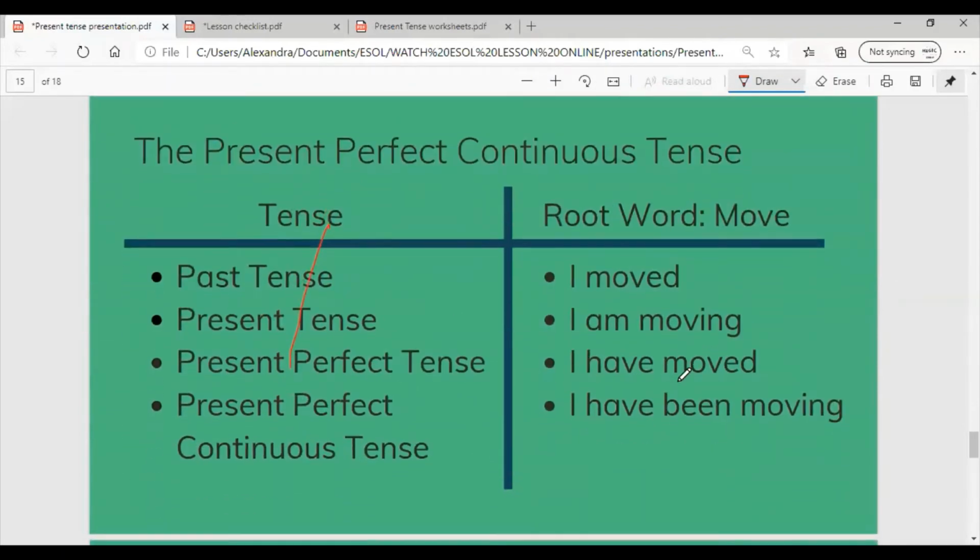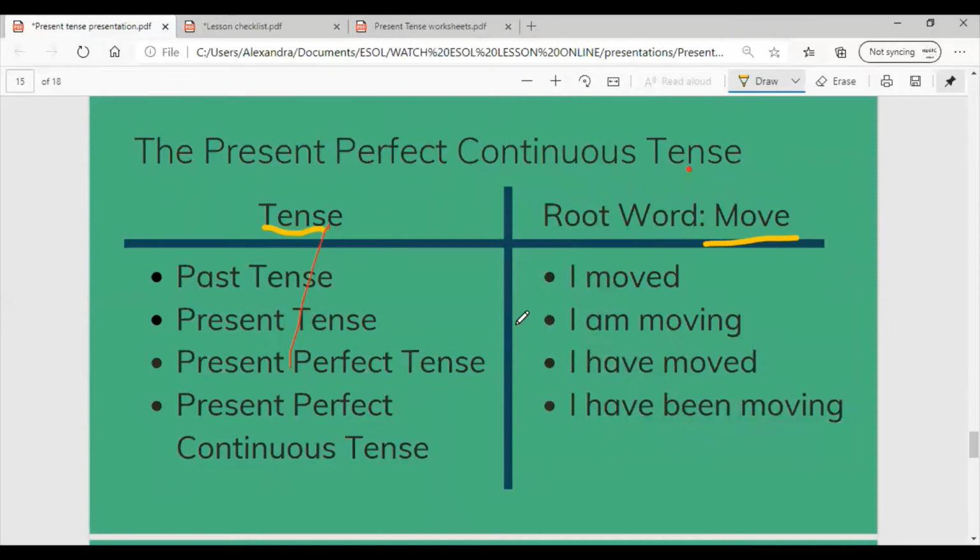But here are some examples with comparisons for the other tenses so that we can work out exactly what the present perfect continuous tense is. So here we've got our root word "move," which we're going to add all the endings onto again, and here we've got all our different tenses.